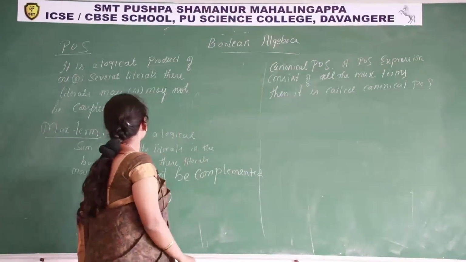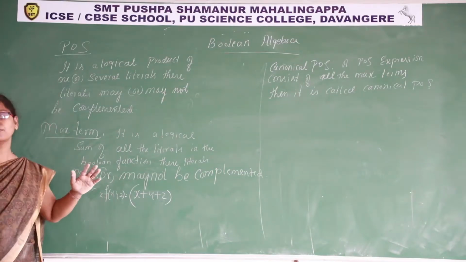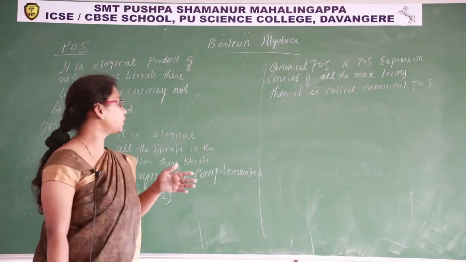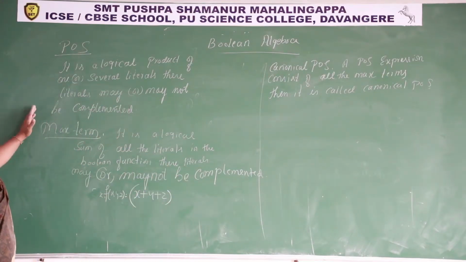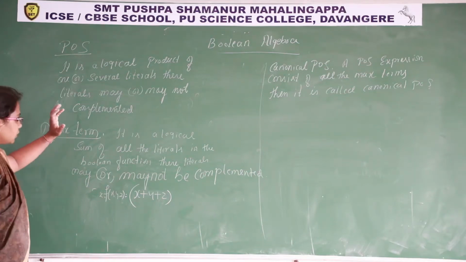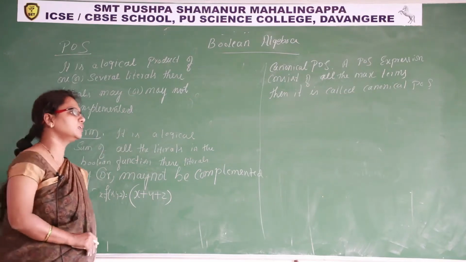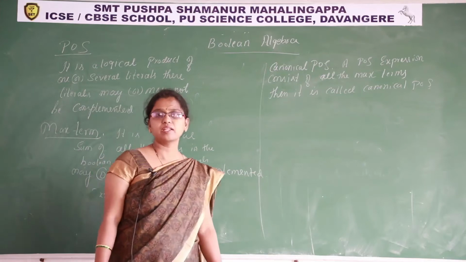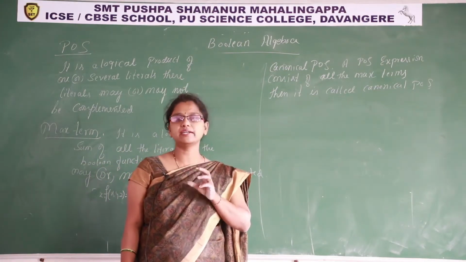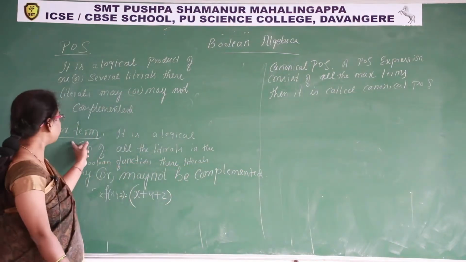Okay. So what is meant by POS? A logical product of one or several variables, and each variable or literal may or may not be complemented. Then it is called a POS expression. And max term, each term is a literal of a given Boolean function. If a given Boolean function has X, Y, Z, then all sub-expressions must contain all the literals, and these literals may or may not be complemented, then it is called a max term.